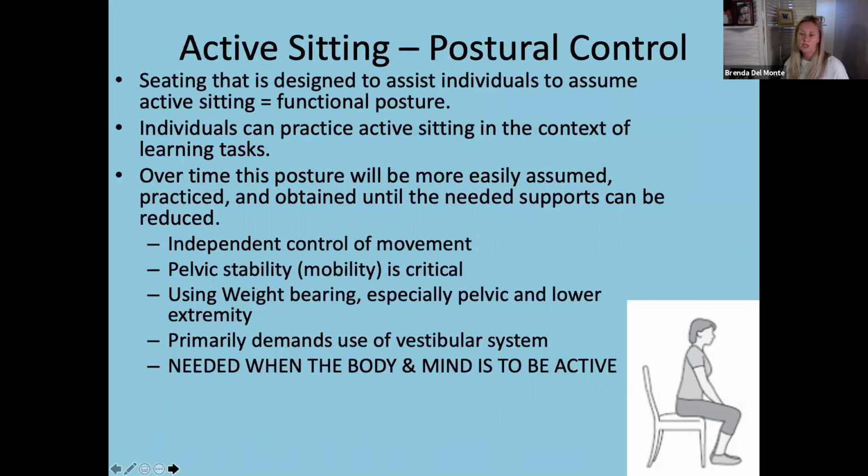And if you see the picture on the bottom of this slide where you're kind of pulling forward, if you sit that way, you're instantly more alert, more awake, and you look more alert and more awake because you actually are more alert and more awake, because to sit that way engages your core. And so you can't stay passive and not engage your core. So we have to figure out, what does active seating look like for each body in front of us, and what is needed for the body and the mind to be active.